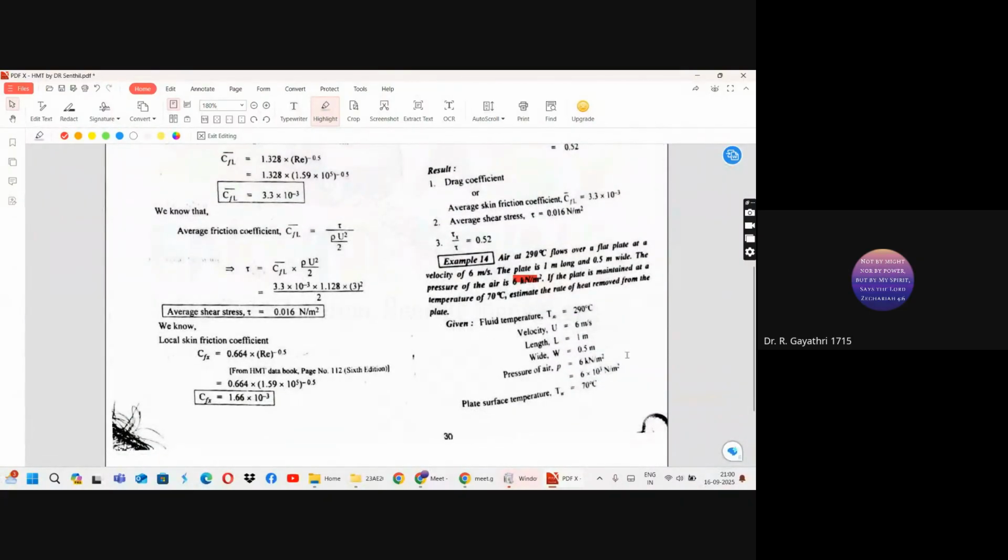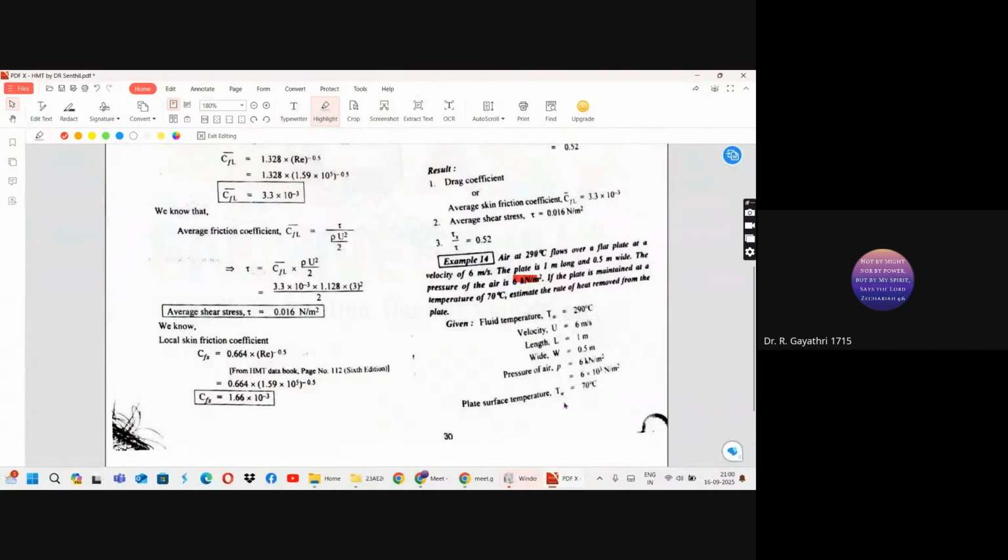All given data are listed here. Fluid temperature T infinity is 290 degrees centigrade. Velocity U is 6 meter per second. Length L is 1 meter. Width W is 0.5 meter. Pressure of air is 6 kilonewton per meter square. Kilonewton means 6 into 10 power 3 Newton per meter square.